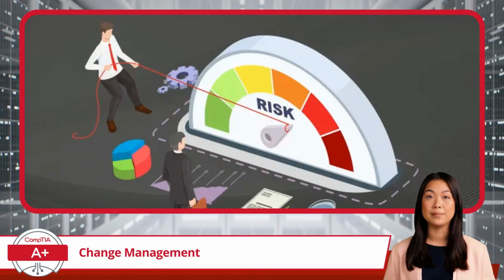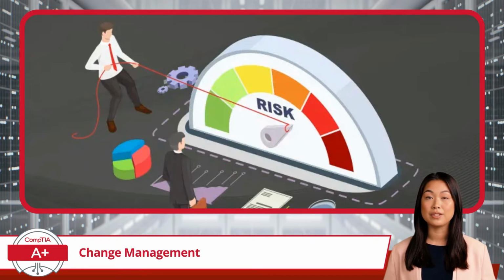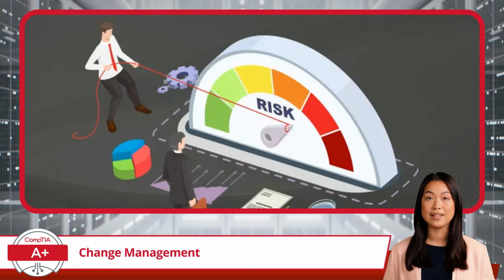Once the purpose and scope of a change are clearly defined, the next critical step is to perform a risk analysis. This step ensures teams aren't blindsided by potential issues during implementation. Risk analysis is about more than just identifying challenges, it's about understanding them and proactively creating a plan to address them.